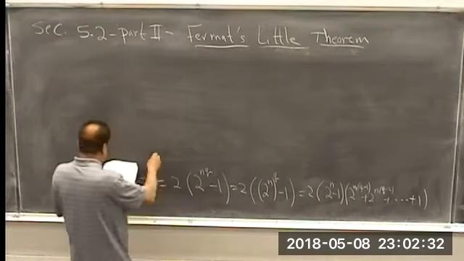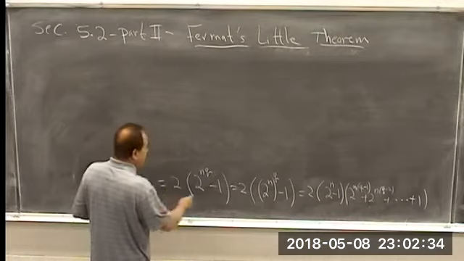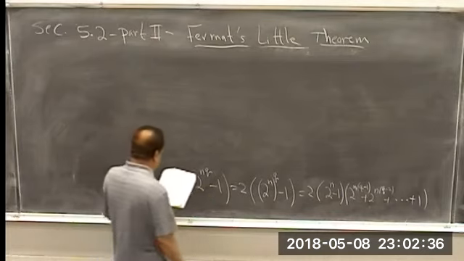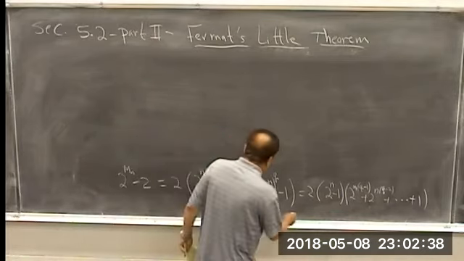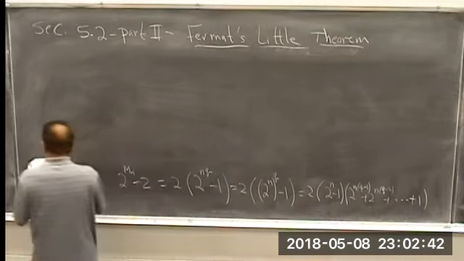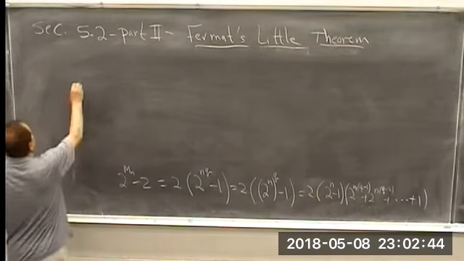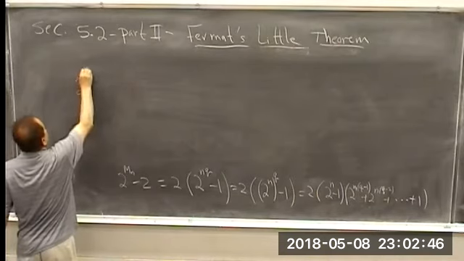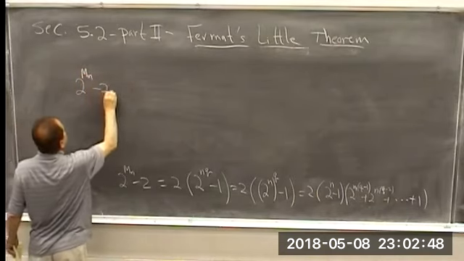So again, that one is equal to this, and let's see what this is equal to. All right, let me write it down in here. So this is what we have: 2 to the m sub n minus 2.